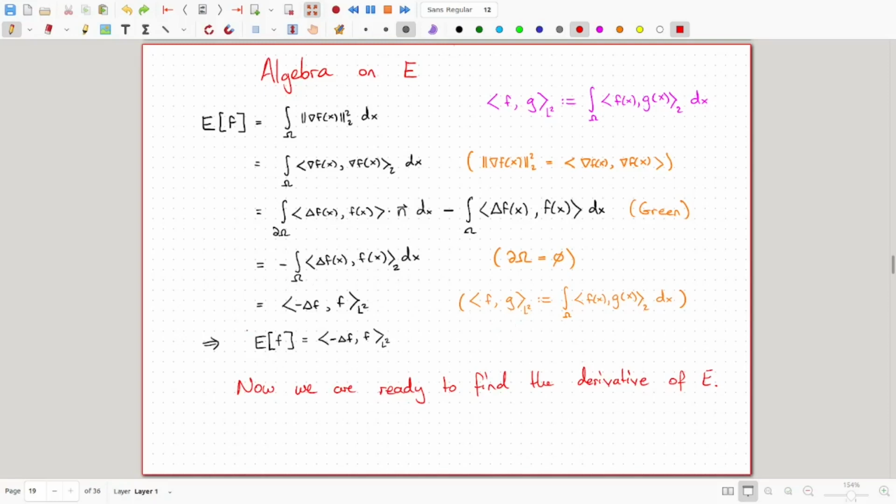So what we end up with is the statement that our energy functional is the inner product between the negative Laplacian of f and f itself under the L2 inner product. With this setup, we're now ready to find the derivative of our energy functional.